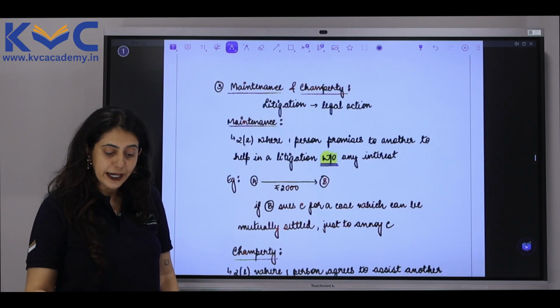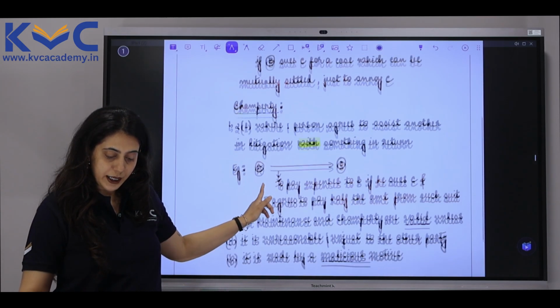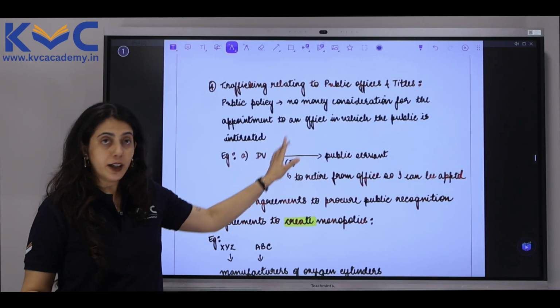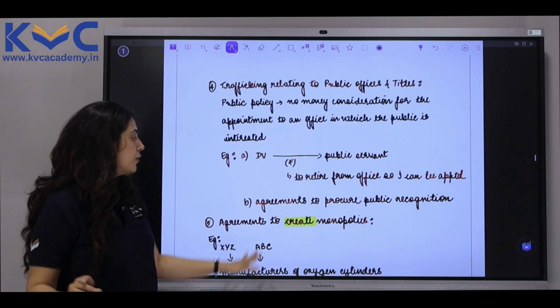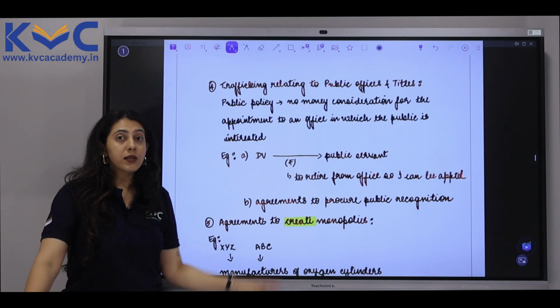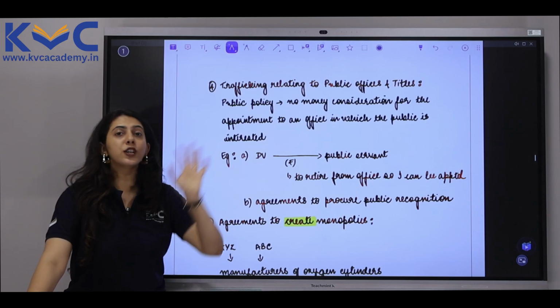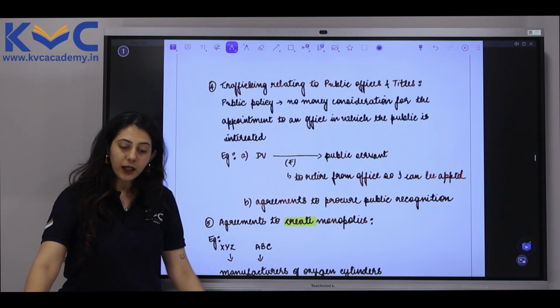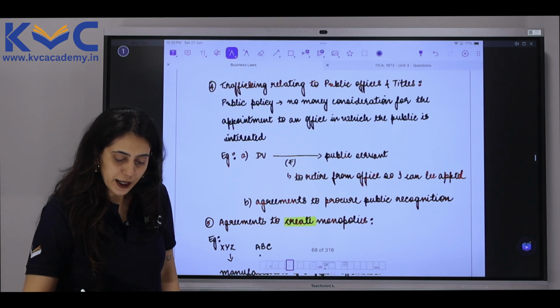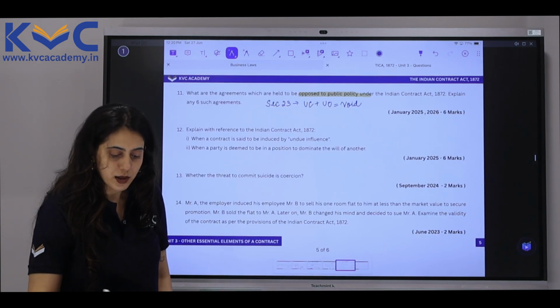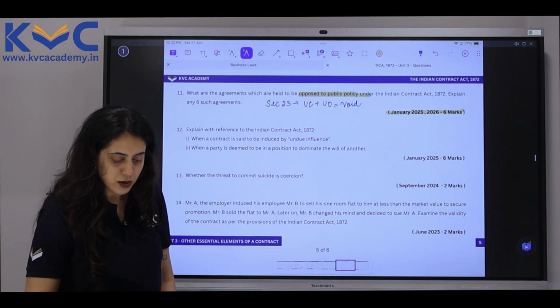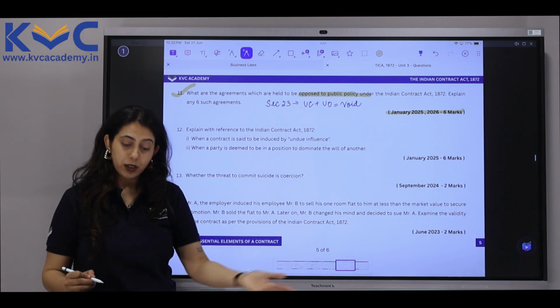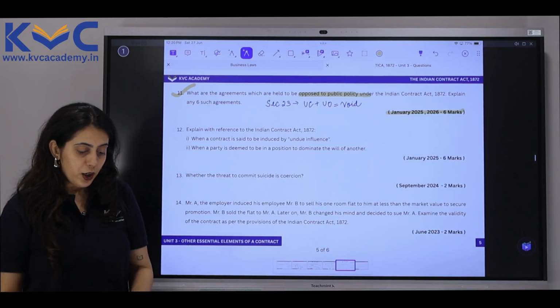So you will have to write the entire list. Maintenance and champerty, trafficking relating to public offices, all of this has to be mentioned. Once we finish all of this, then you can choose which 6 it is that you want to elaborate in length and write that. Simple question, direct question. What are the marks? 6 marks. 6 marks, January 2025. That's a year ago. Alright.